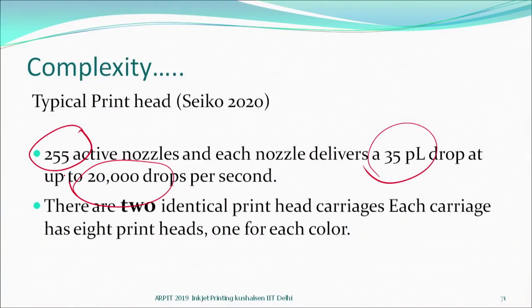And in a machine there can be 2 identical print head carriages and each may have 8 print heads. Now, you have one color, why do you have so many? You were only using 4 colors, but if you have more print heads, then the print production can be increased, and obviously you want to increase the speed of production.